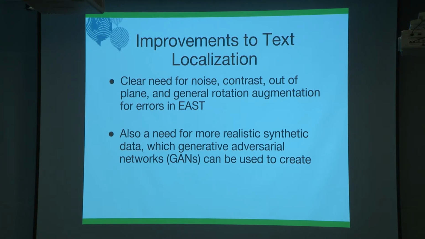What I mainly worked on was creating noise, contrast, out of plane, and general rotation augmented images so that we could train the EAST model. Another intern who I also worked with dealt with synthetic data and used GANs, generative adversarial networks, which I'll talk about soon, to create more realistic synthetic data.